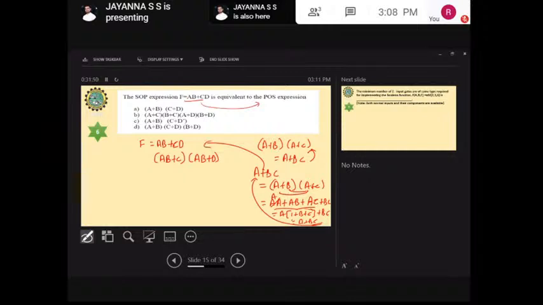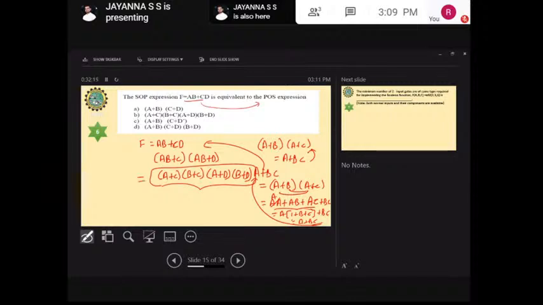Next, I apply the theorem again, so I can write this as A plus C into B plus C, next A plus D into B plus D. Okay, this is the POS expression I am getting.